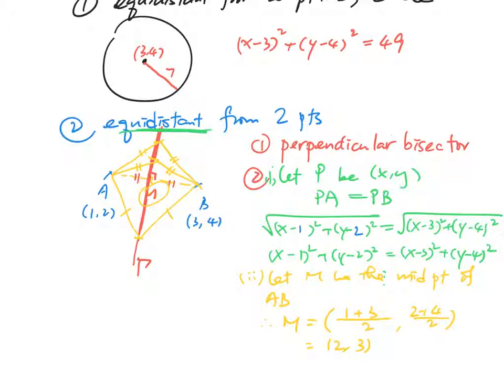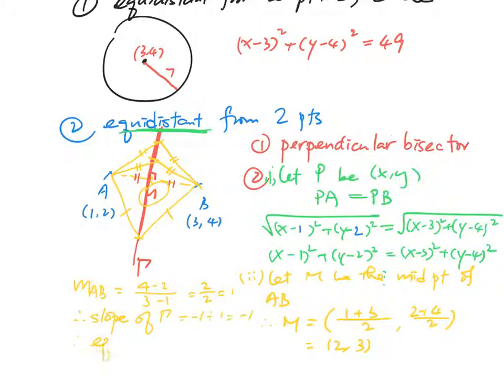You can also find the slope of AB, which is (4 − 2)/(3 − 1) = 2/2 = 1. So the slope of gamma, because of perpendicularity, is −1/1, so it's −1.